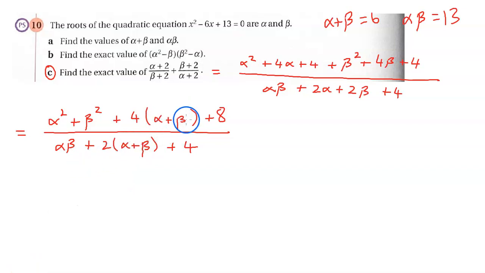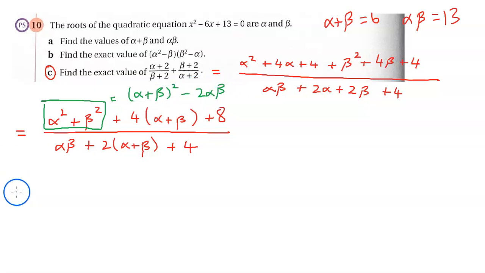And we know all of these numbers except for this alpha squared plus beta squared, but we also know from earlier that that's the same as alpha plus beta squared minus 2 times alpha beta, and both of those ones we know.